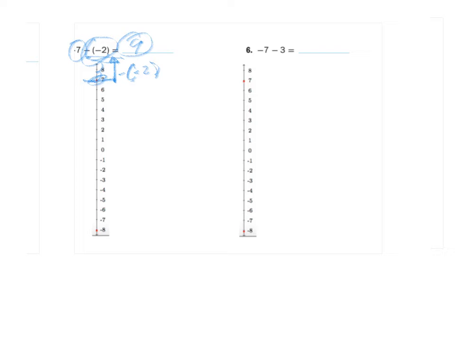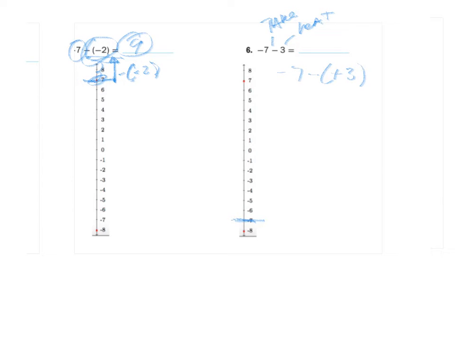When we look at -7 minus 3, well, if I have -7, and I'm going to subtract 3, well, that means I'm taking away heat. I'm taking away +3. So this would be written the same as -7 minus +3.